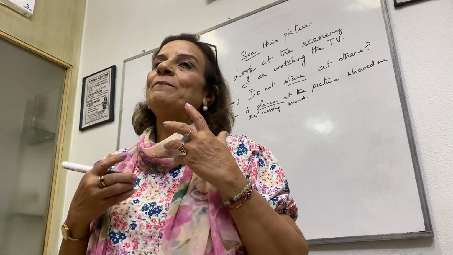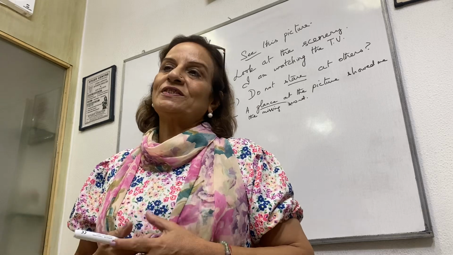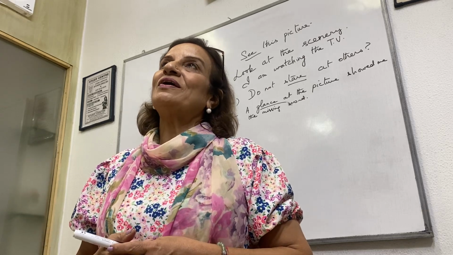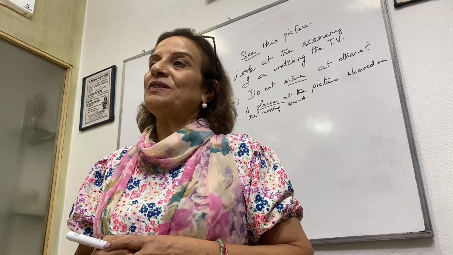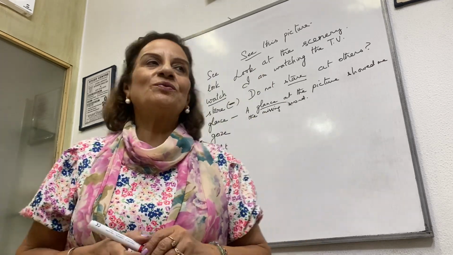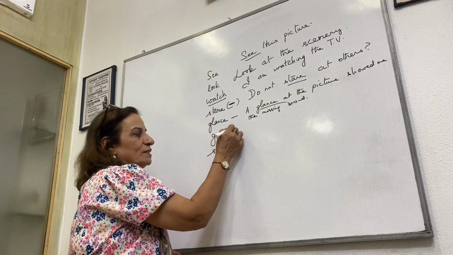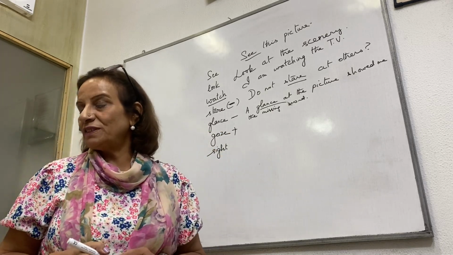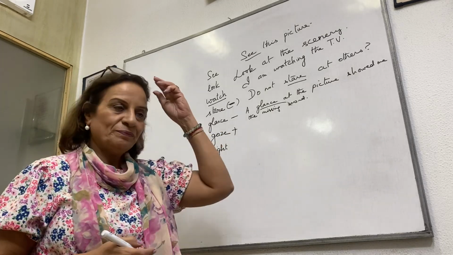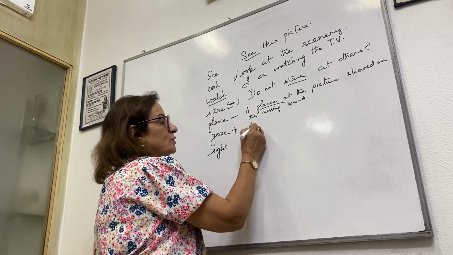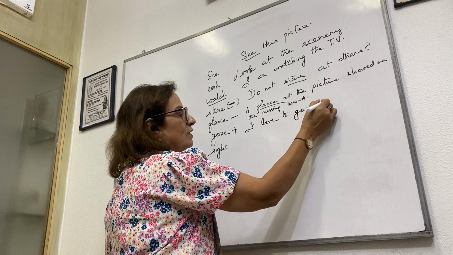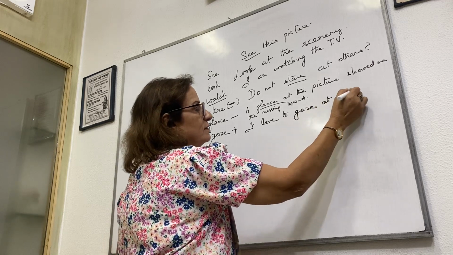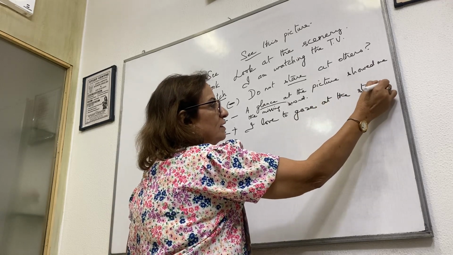Okay, it's a very beautiful way of seeing, because you're mesmerized with that view. So that is called gazing. Very positive. Gaze is a very positive way of looking. Okay, so how can we use it? I love to gaze at the sky, at the stars in the sky.